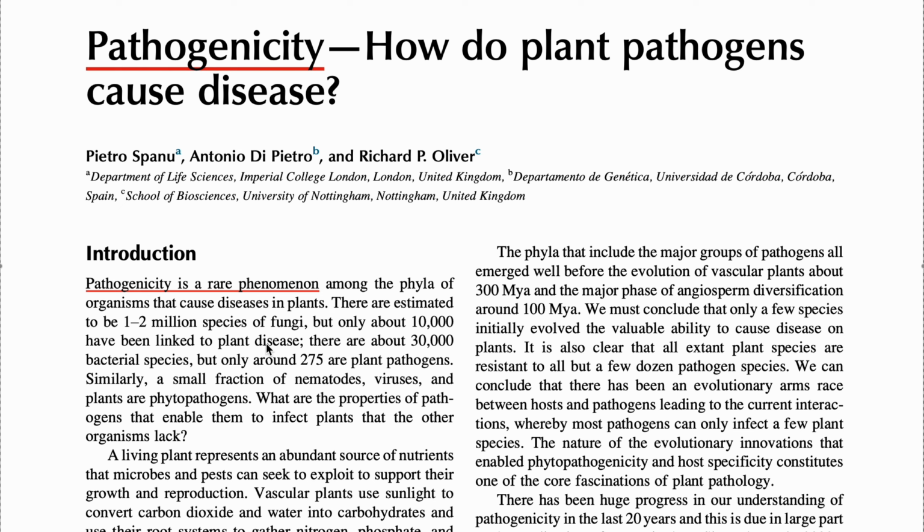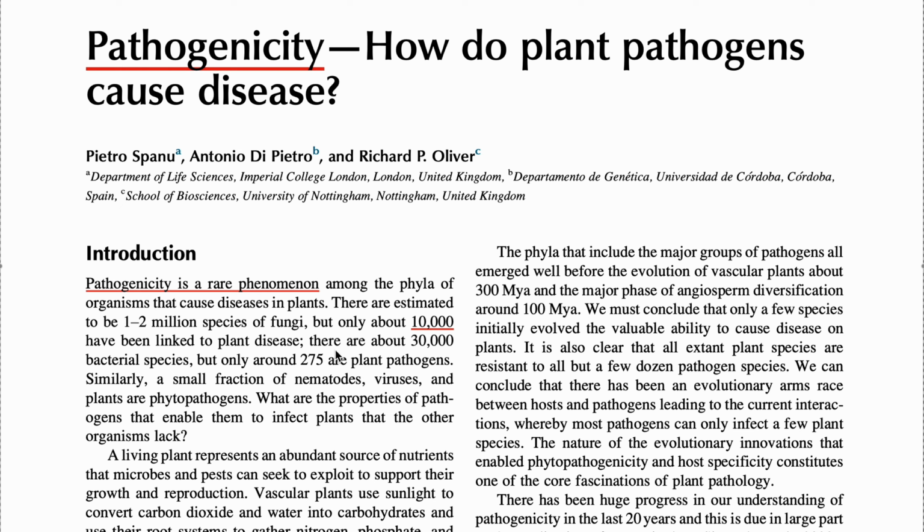All the pathogens which we see, which are available, don't all have the ability to cause disease, right? Now, there are estimated to be 1 to 2 million species of fungi, but only about 10,000 have been linked to plant diseases.